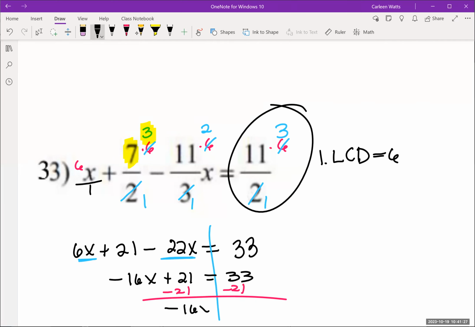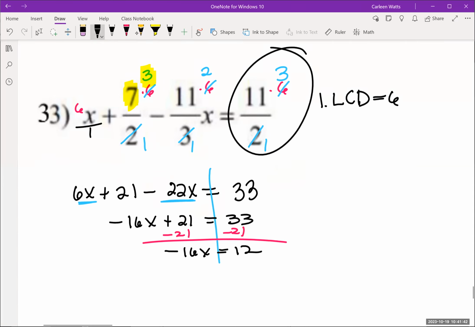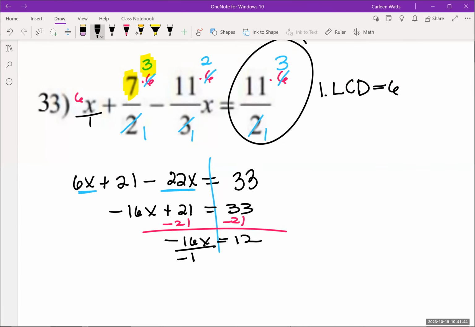Negative 16x is equal to 12. And divide by negative 16. X is equal to negative 3/4.